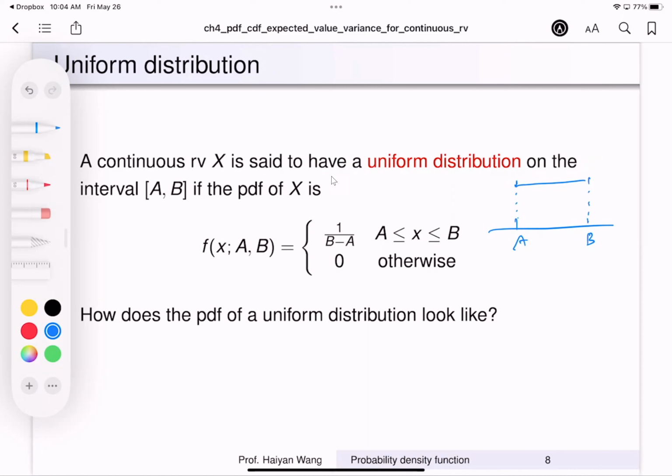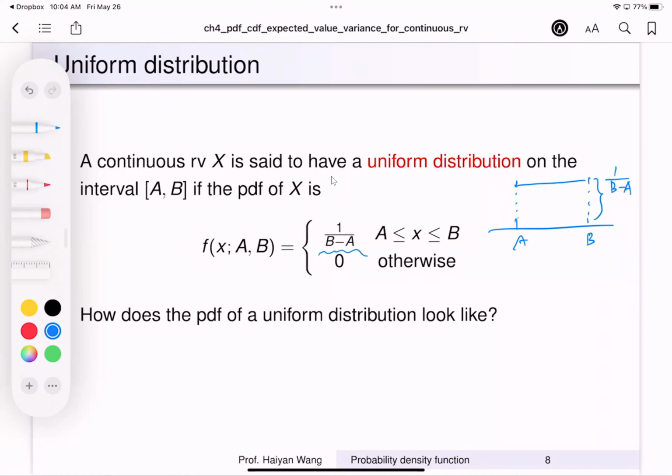Therefore, the width is B minus A, and the height would be simply 1 over B minus A in order for the area to be 1. So the constant is simply 1 over B minus A when x is between A and B. So that's the uniform distribution.